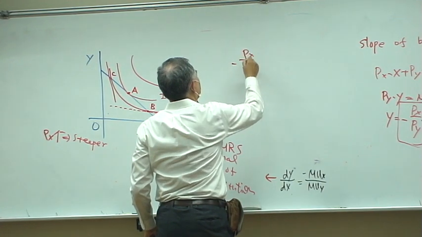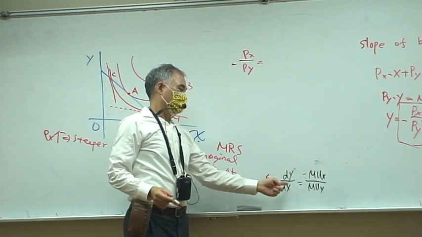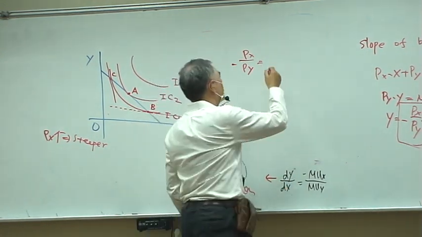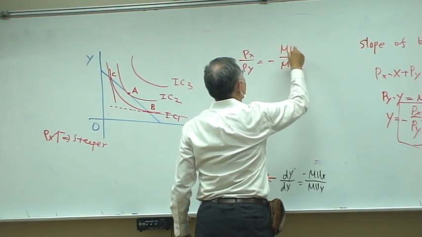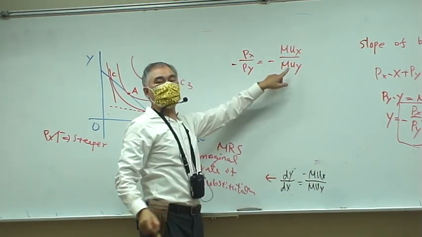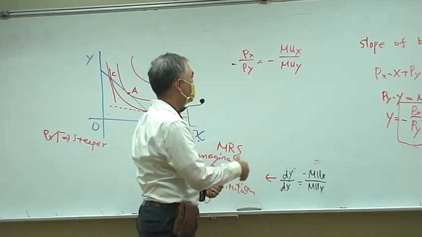Negative Px over Py, and here is the slope of the indifference curve. It is equal to negative MUy over MUx. MU means marginal utility, okay?